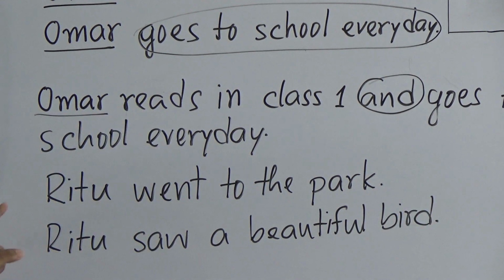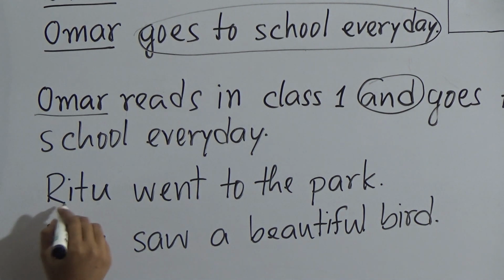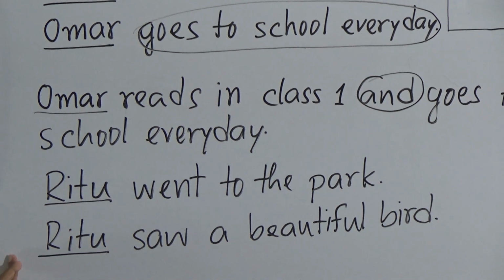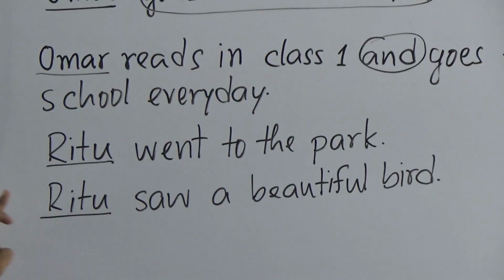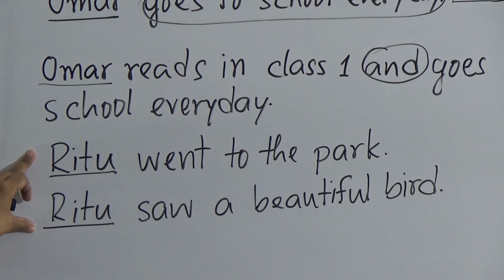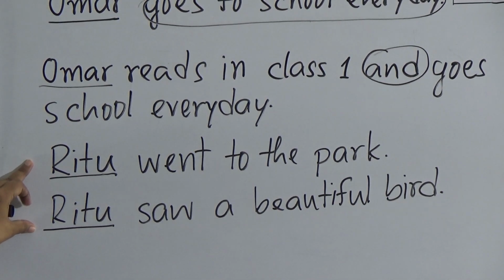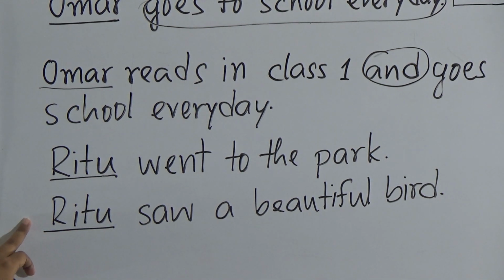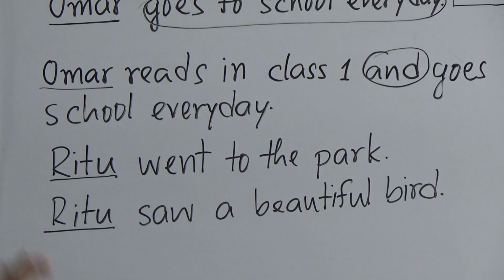Now look, in these two sentences, Ritu is common in both, and both the sentences are about Ritu. These two sentences give us information about the same person. So we will join these two sentences with and.